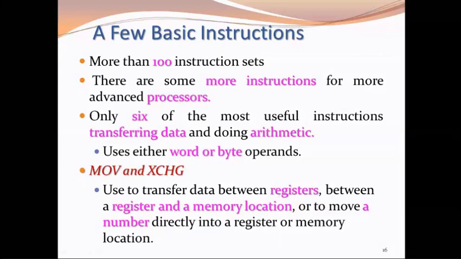For example, AX BX, AX CX, CX DX, DX AX. These are the registers. We know the registers, right? Yes, sir. So we can move the data between registers, that is one part. Between registers and memory location. We are also allowed to transfer data between registers and memory location. So memory location means what? We can consider either byte or word, right?